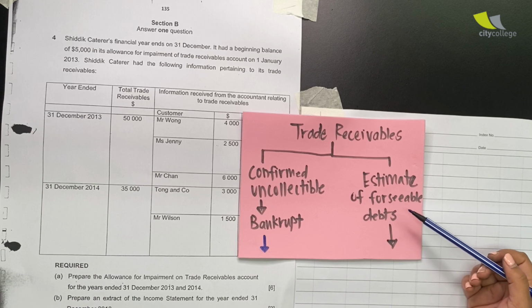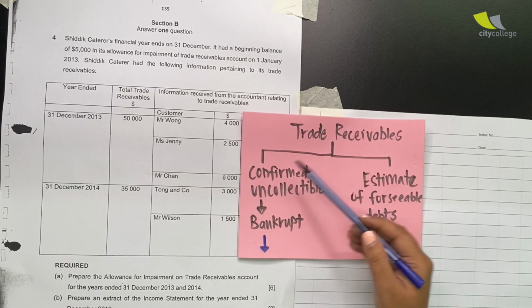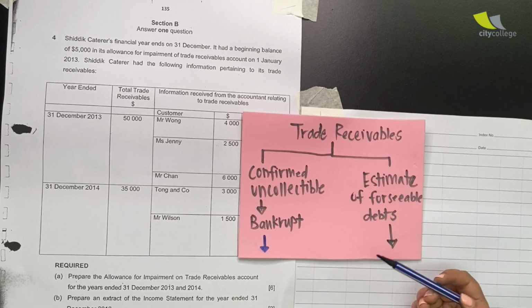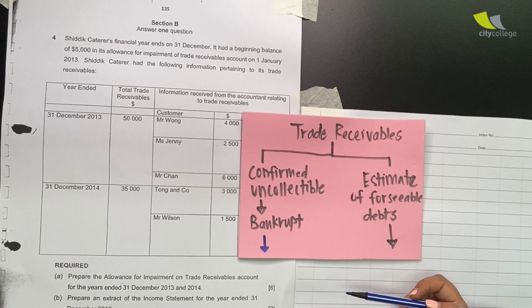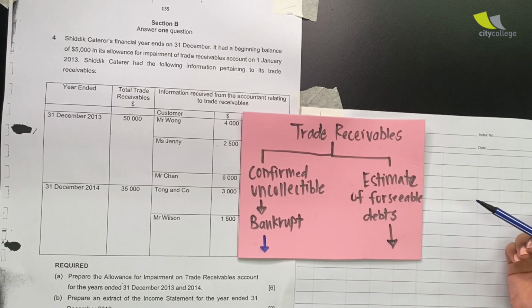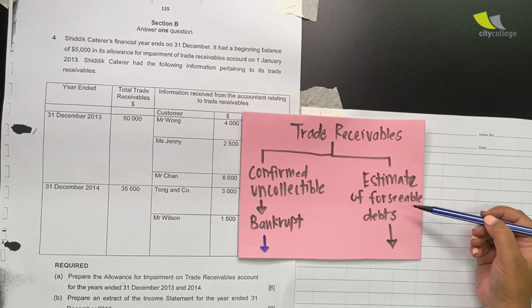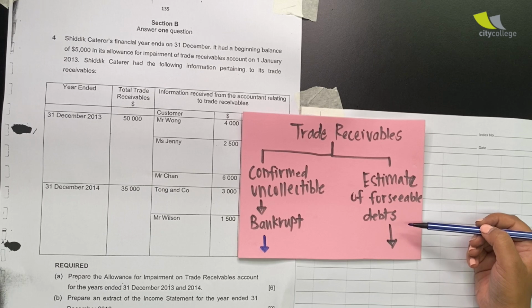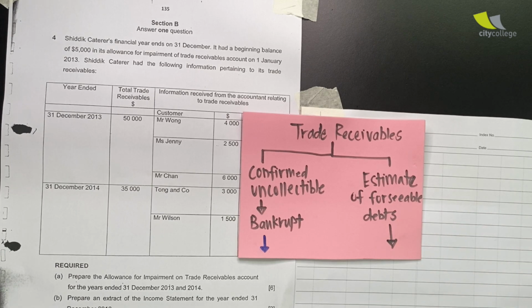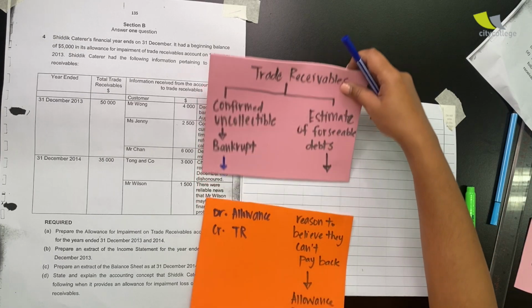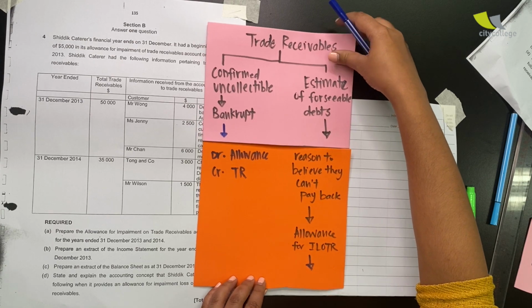Another scenario that we often have is accountants don't like to hear the bad news of customers not being able to pay us back. So what they like to do is to be proactive and estimate the foreseeable debts in advance. Okay? And how can they actually estimate the foreseeable debts? When there is a good reason to believe that the debts cannot pay us back.